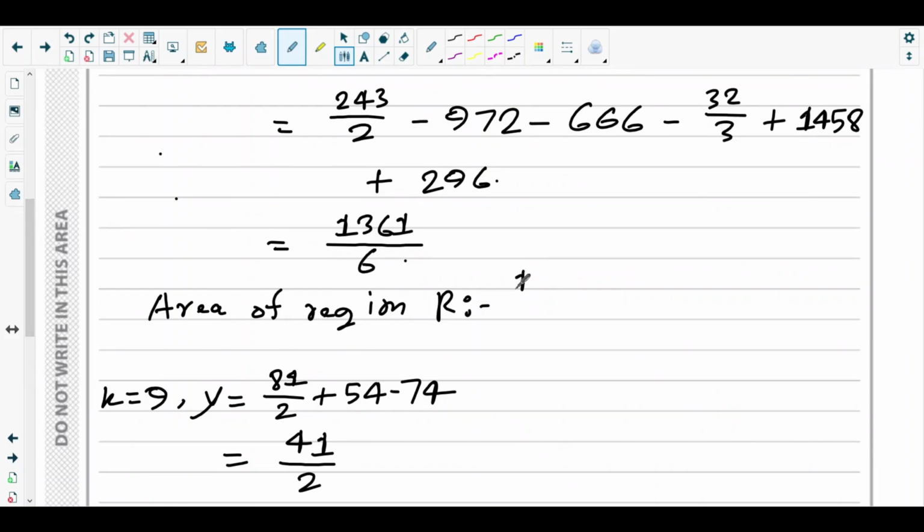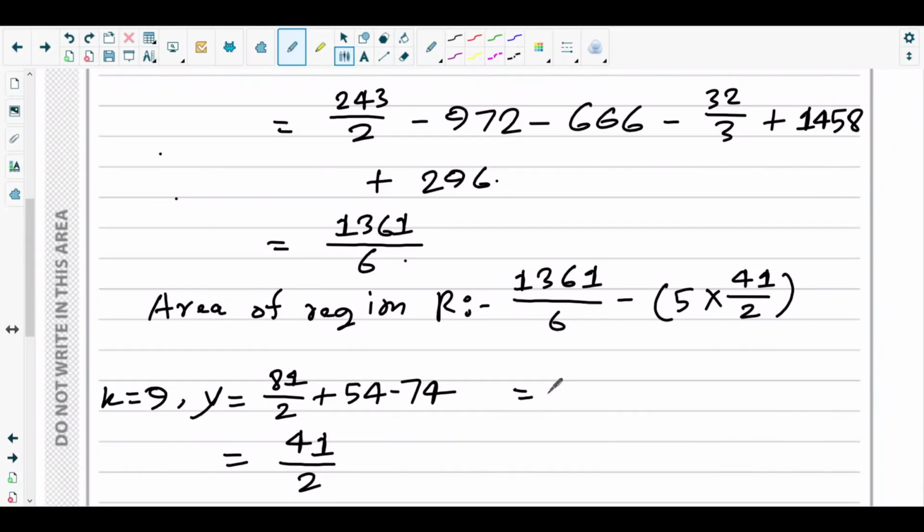So the area of region R would be 1361 over 6 minus what? Length is 9 minus 4, which is 5, times 41 over 2. So what would be the area? 1361 over 6 minus 41 times 5, which is basically 205 over 2.